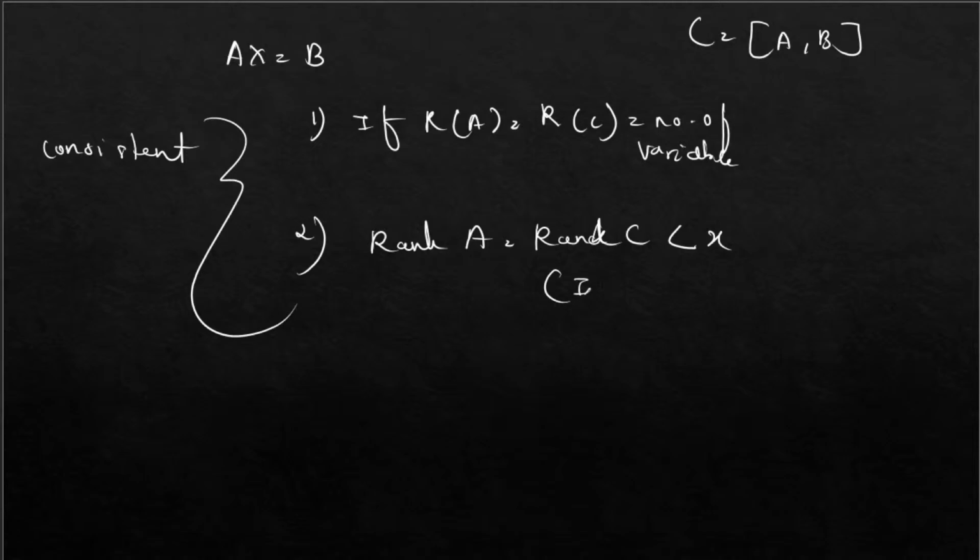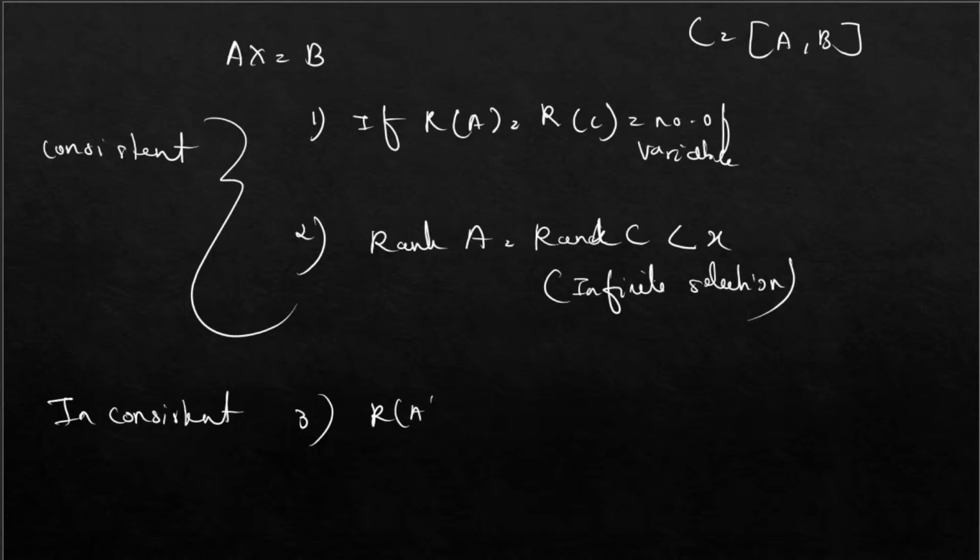So here it will have infinite solutions. And when it will be inconsistent, third case, rank of A is not equal to rank of C, so no solution will be there. So please note this down, everyone.